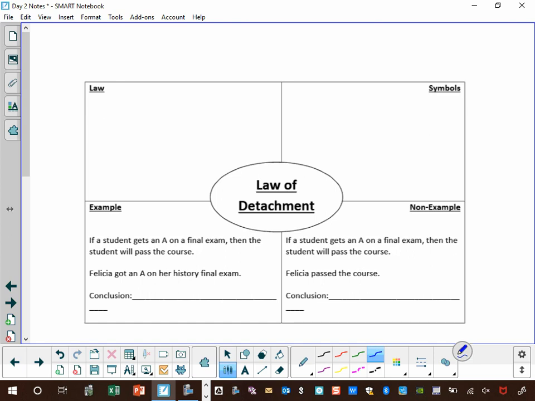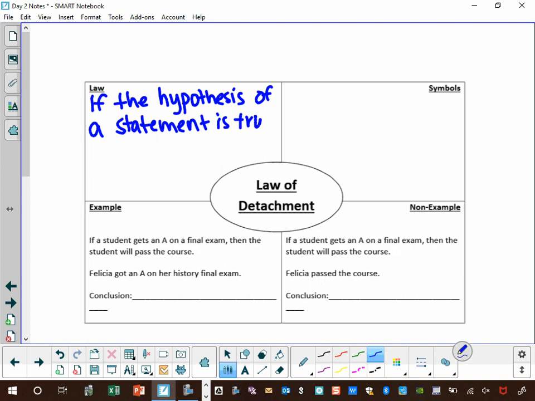Your law says if the hypothesis of a true statement is true, then the conclusion is true. That is all of detachment.